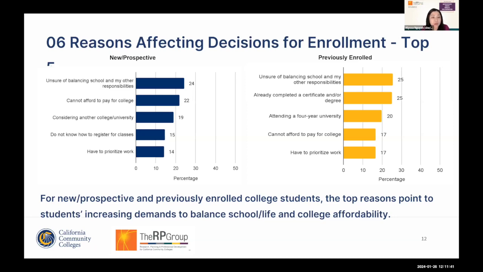And so this is really pointing to students' ongoing and increasing demands to try to balance everything they have going on on top of trying to attend school, which is likely impacting their confidence that they can actually balance all of that. Next slide.